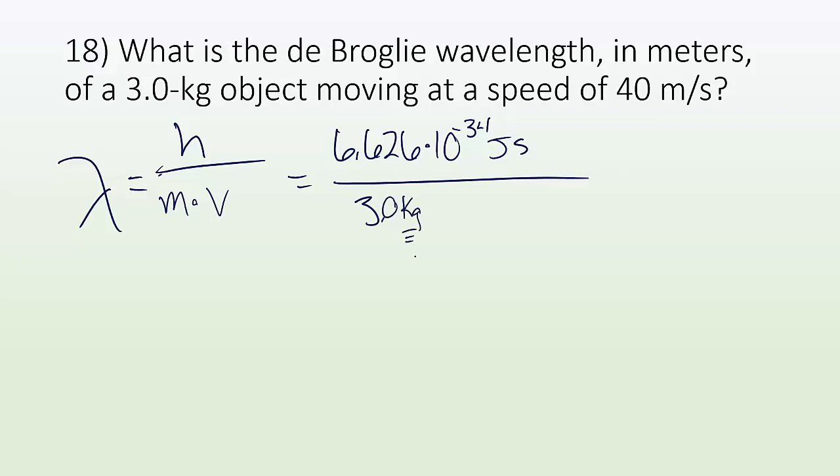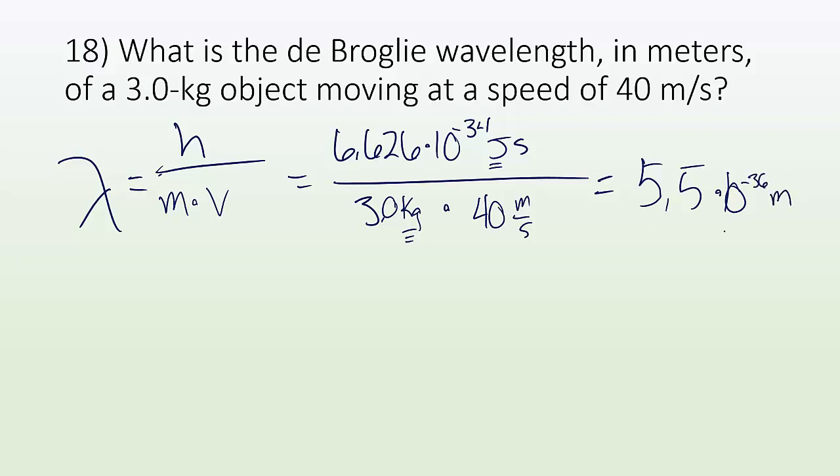And I need it to be in kilograms because when we're talking about what units are actually joules, it's in kilograms. So kilograms times the velocity of 40 meters per second. And what I end up getting is a wavelength of 5.5 times 10 to the minus 36 meters.